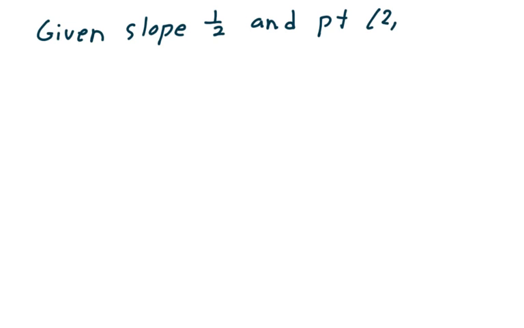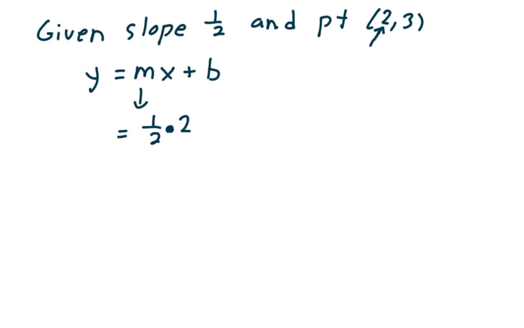So we're given slope 1/2 and point (2, 3). So remember y equals mx plus b. The slope is a half. My x value is 2, so I'm going to multiply by 2.